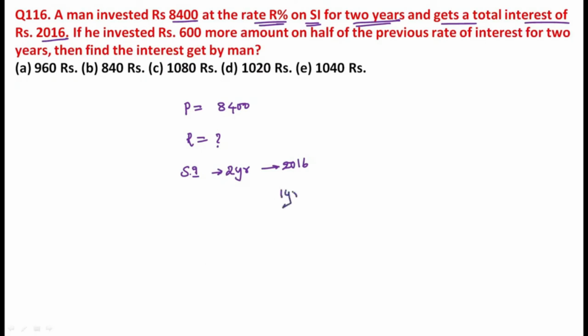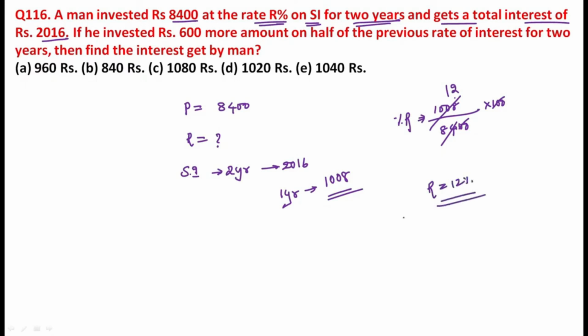If it is 2016 rupees for 2 years, the 1 year interest value becomes 1008. Now the rate of interest always depends on interest per annum divided by principal into 100. So 4 becomes an 8, 4 becomes an 8 two times, one time. 84 12s are 1008. Now you can get that the rate of interest is equal to 12%.